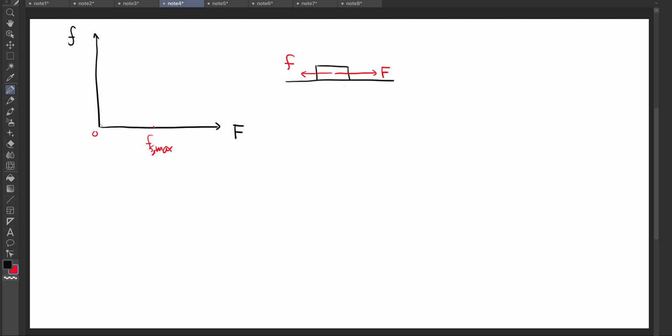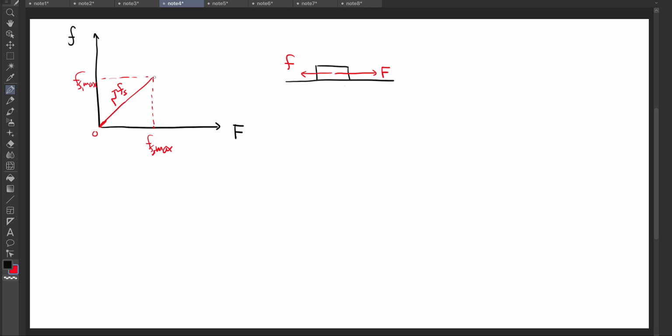So that's why we need to draw a 45-degree angle for this curve. And then up to this Fs max. Okay, so here's Fs max. Okay, now this curve here corresponds to Fs.